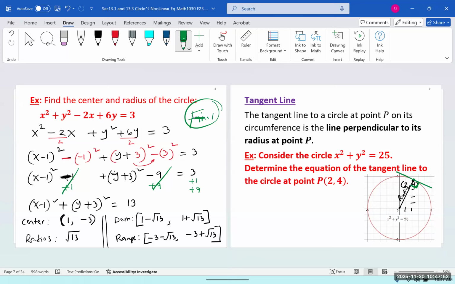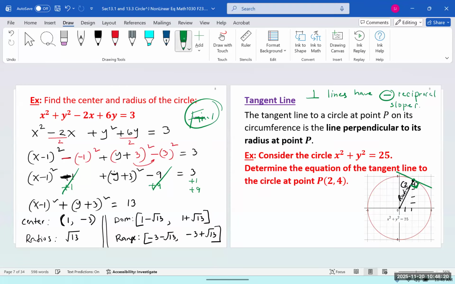To do this, we are going to use the knowledge about perpendicular lines. What type of slope do perpendicular lines have? Negative reciprocal.